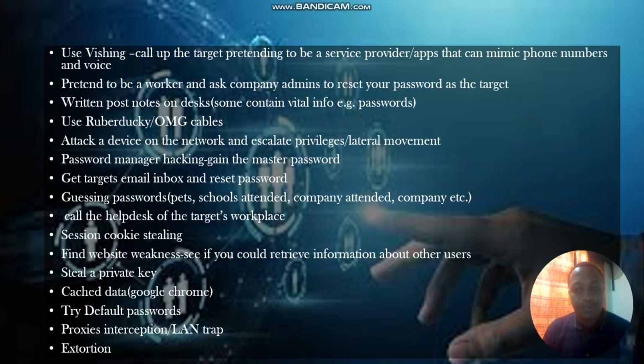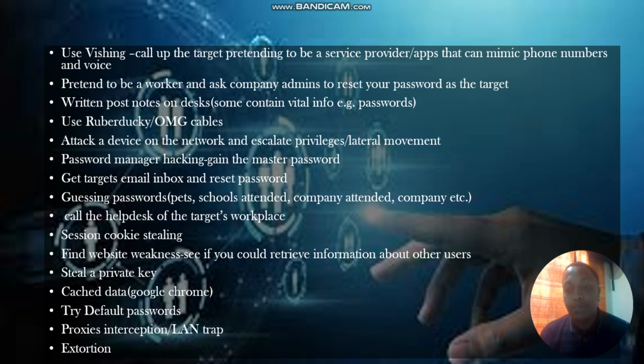Now, another way that we can do this is pretending to be a worker and asking company admins to reset your passwords. I'm aware that some companies have employees of up to 3,000, 5,000, 6,000 employees. It would be very hard to keep a record of all these employees in your mind as an administrator.